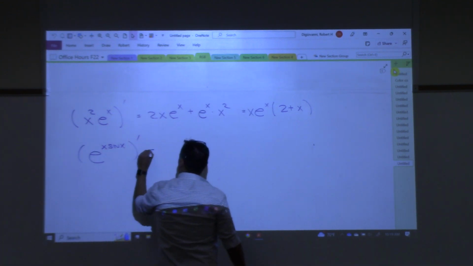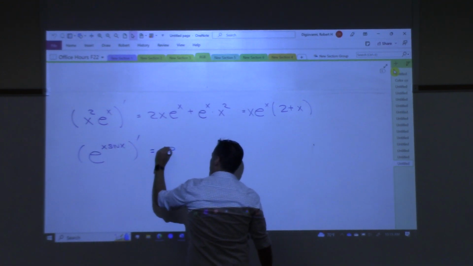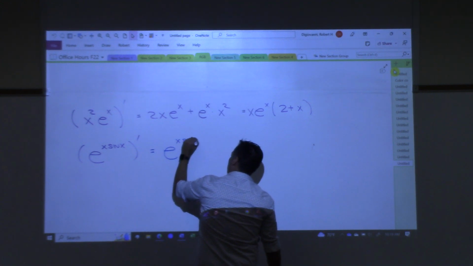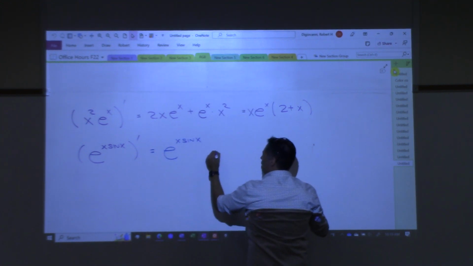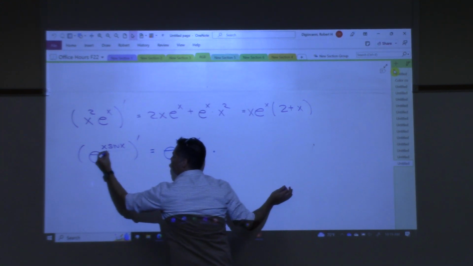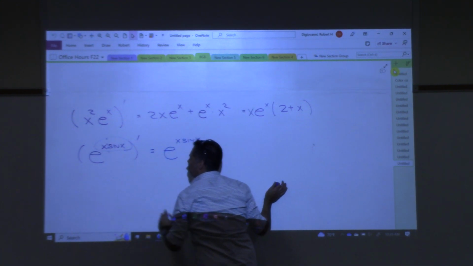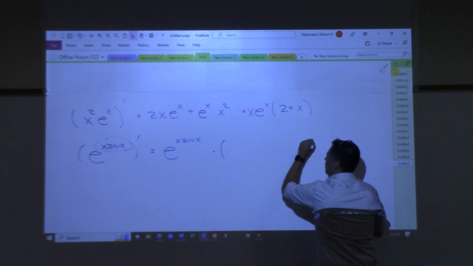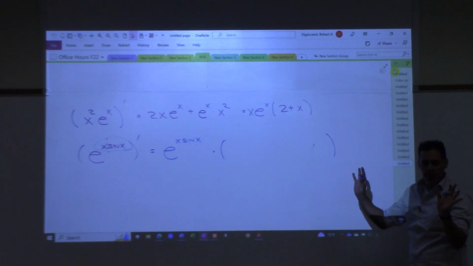So the derivative of this is itself, exactly itself, don't write anything else, times, now you have to take the derivative of what was up here, which is a product rule. Since it's a product rule, I'm going to put the answer in parentheses because it's going to have two pieces to it.